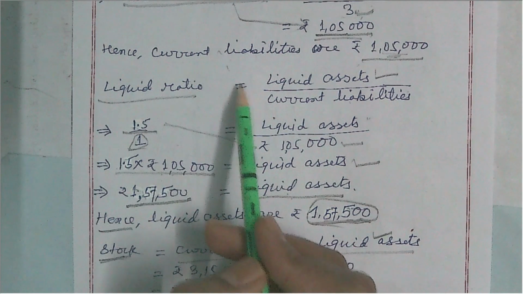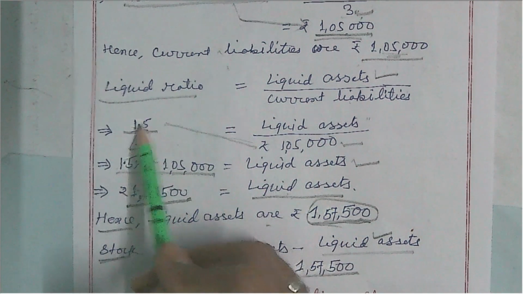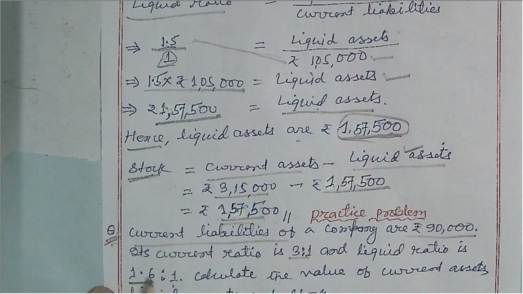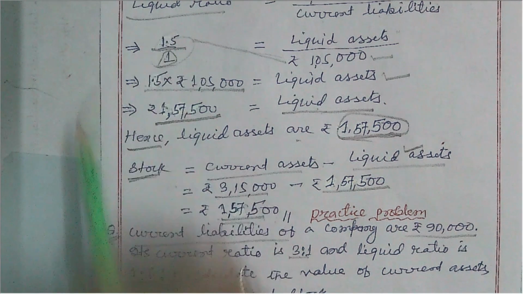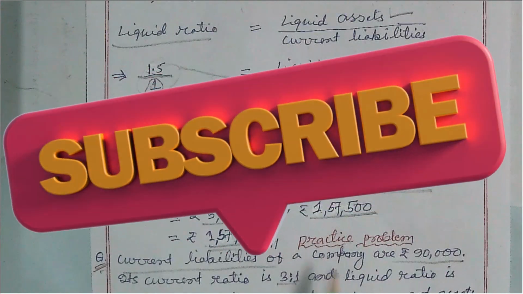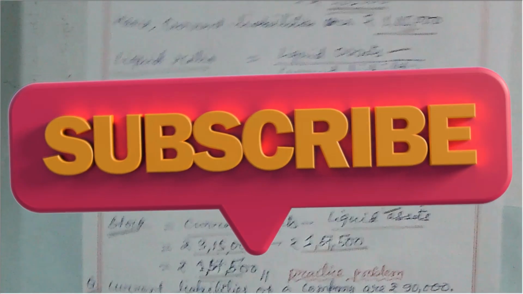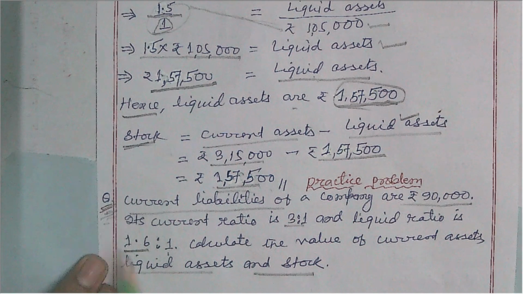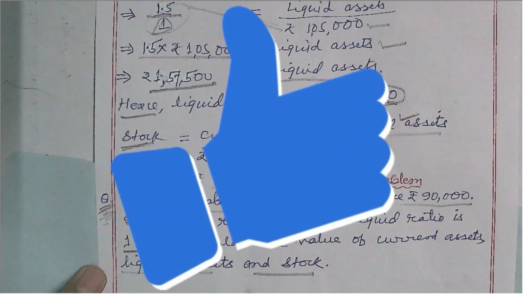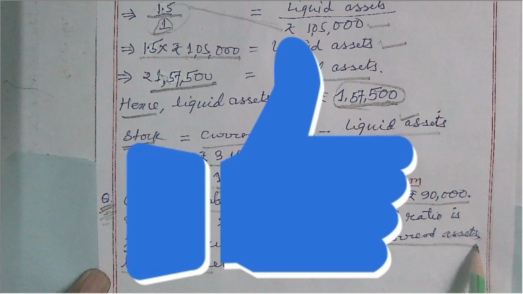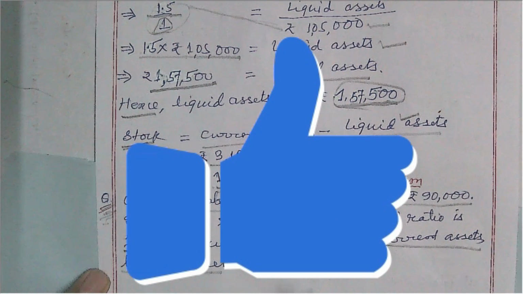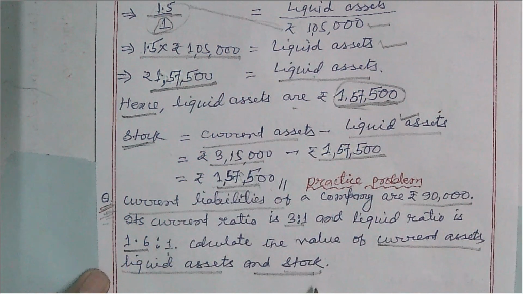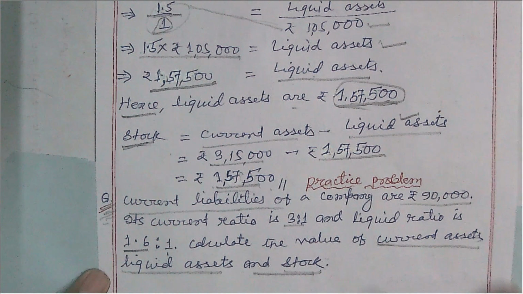In the previous problem the liquid ratio was 1.5:1, here the liquid ratio is given as 1.6:1. Apply the same procedure, using the steps of the second problem, to solve this problem for your practice, and write down your answer in the comment section. Write down the current assets value, the liquid assets value and the stock value, how much you have got. Then I will check it and reply.